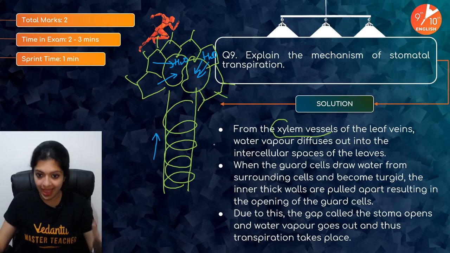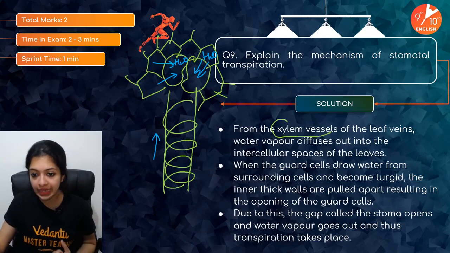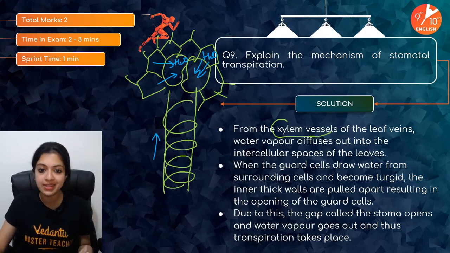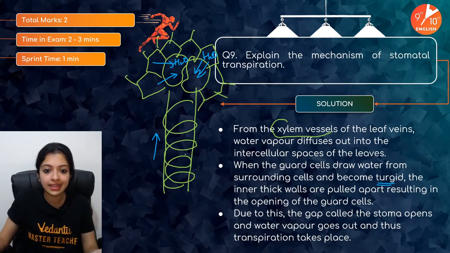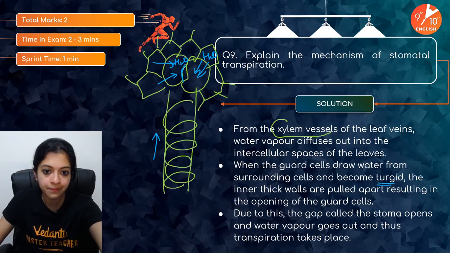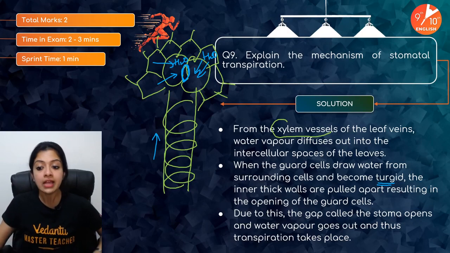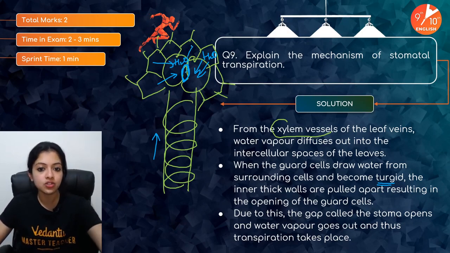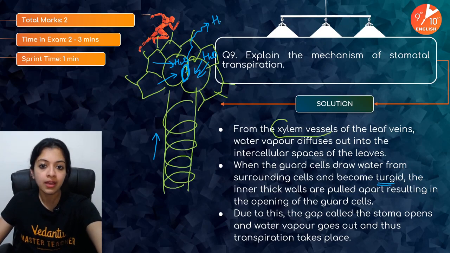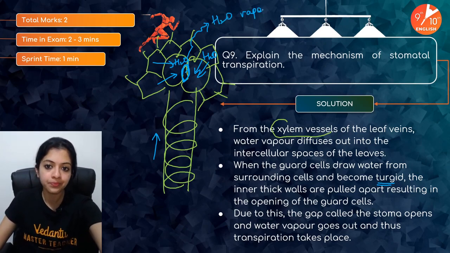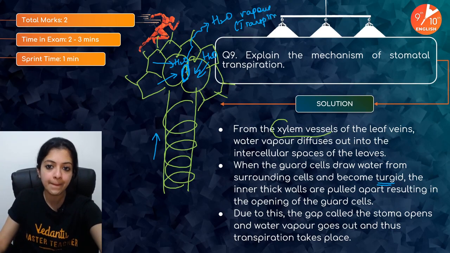As a result, guard cells in the leaves draw water from the surrounding cells and they become turgid. And as a result, the inner thick cell walls of the guard cells pull apart from each other, exposing the stoma. The stoma opens and the water vapor goes out, resulting in transpiration. Water vapor goes out, and that is what transpiration is.